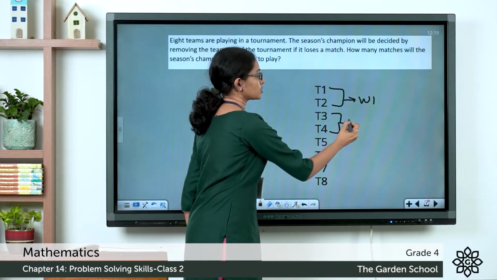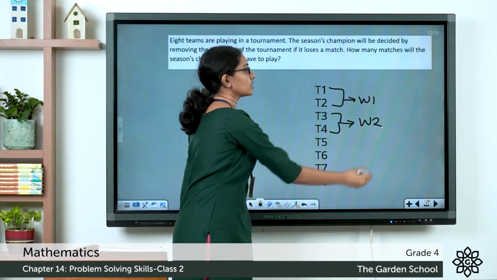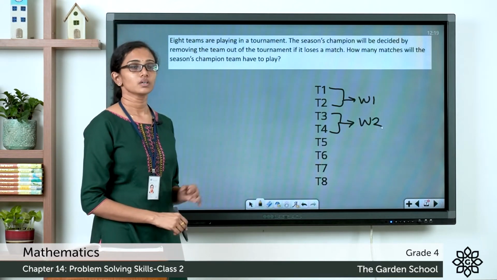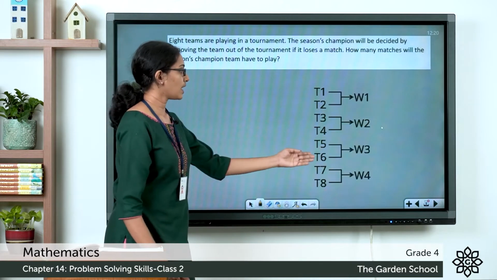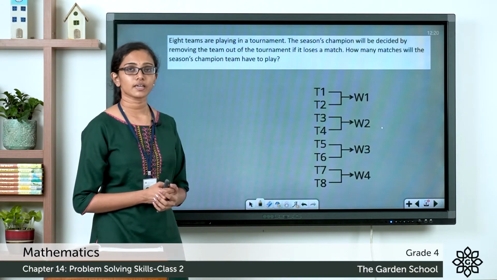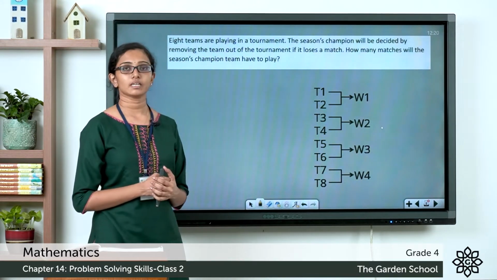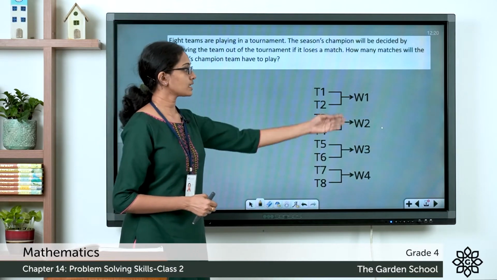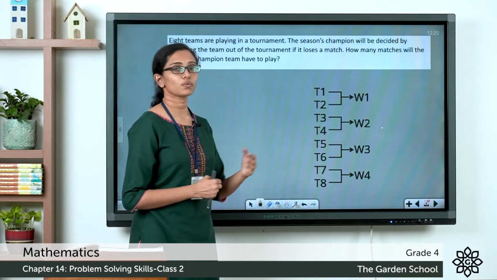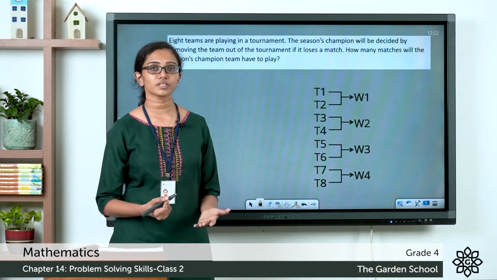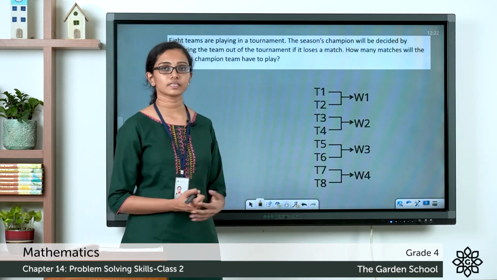So there will also be a winner and let that be winner 2 or W2. Similarly, team 5 and team 6 will also play a match together. Then team 7 and team 8. Now let the winners be W1, W2, W3, W4. So after the first set of matches, we have 4 winners.